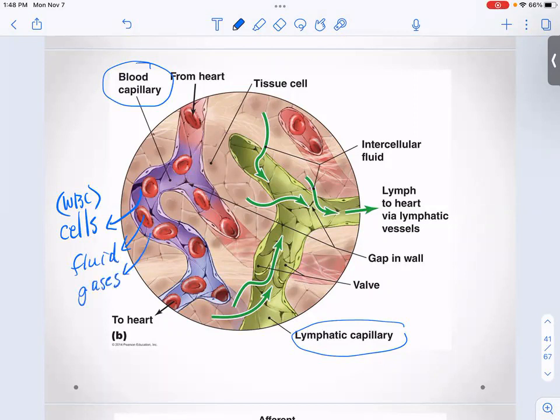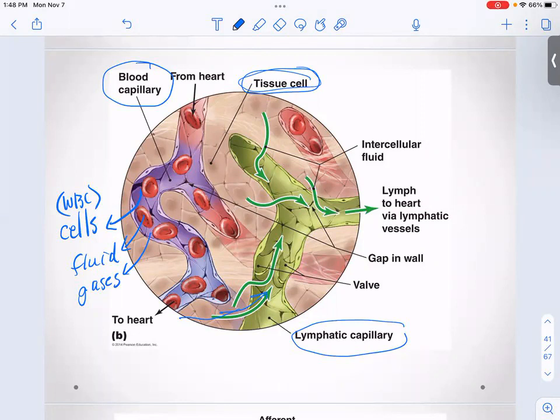When the pressure in the tissues in between there is greater than in the lymphatic vessel, all those fluids and cells and things will enter into the lymphoid capillary. And like I said, we don't have a big lymph pump.